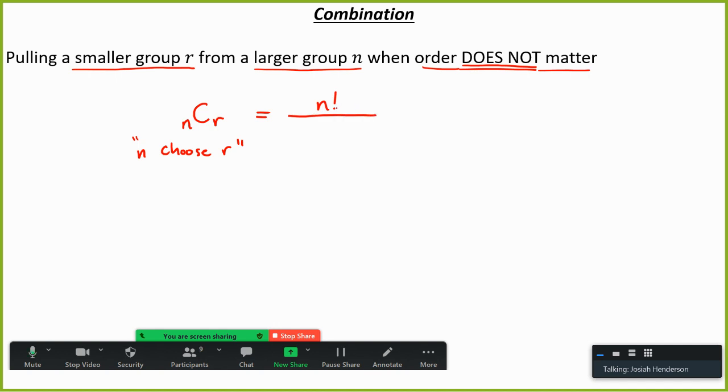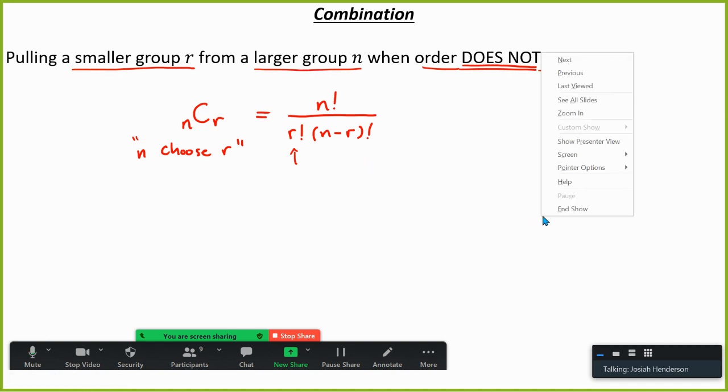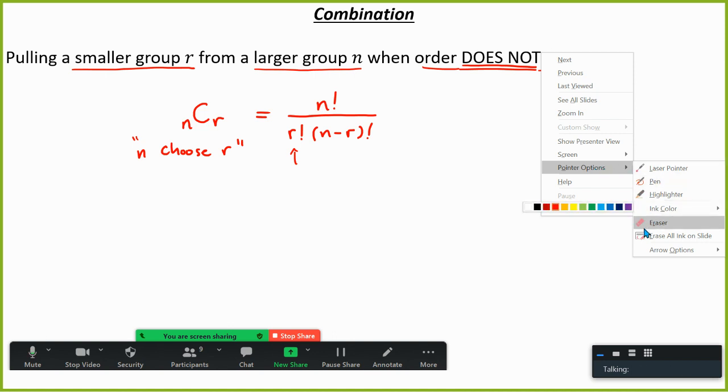It's N factorial over R factorial times N minus R factorial. The difference between the combination formula and the permutation formula is that we're also dividing by that extra R factorial right here. That's the only difference. Because we're dividing by that extra number, combinations will be smaller than the permutations because order doesn't matter for a combination.